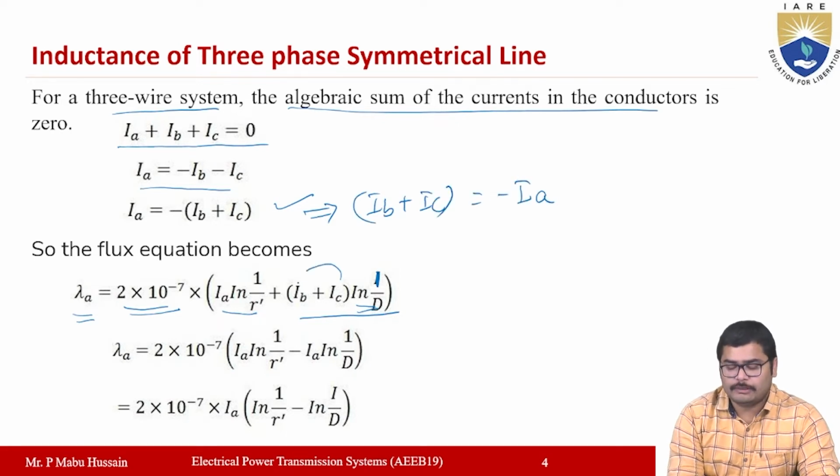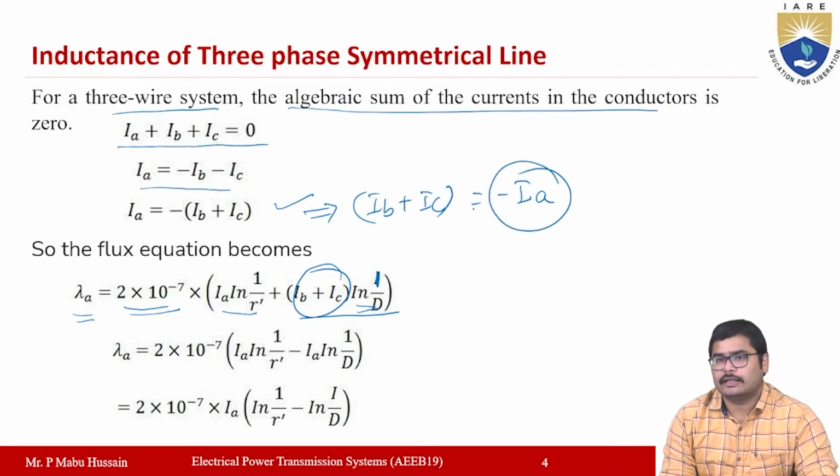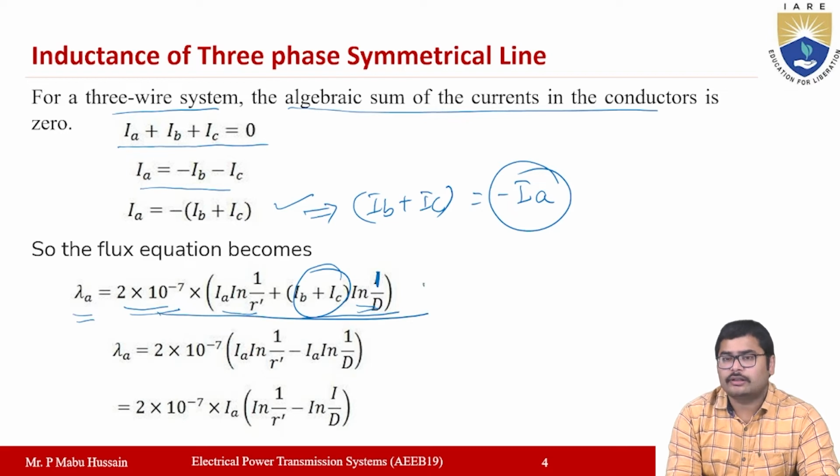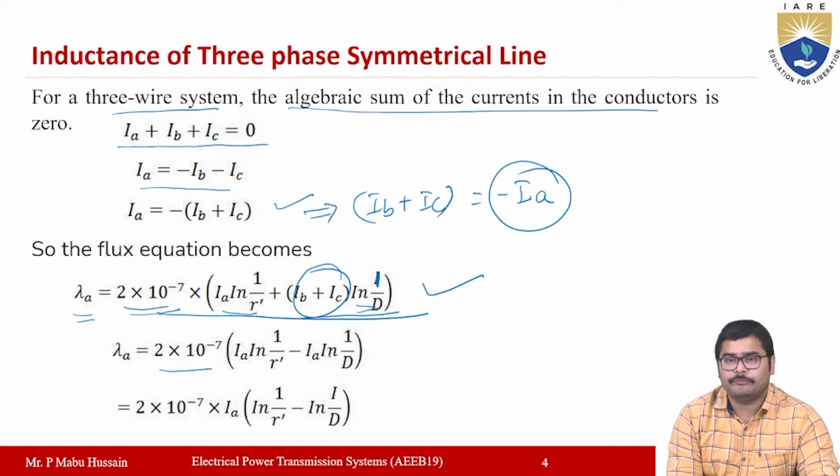So in place of IB plus IC, you can write minus IA. Then this equation can be written as lambda A is equal to 2 into 10 power minus 7 IA ln 1 by R dash minus IA ln 1 by D.